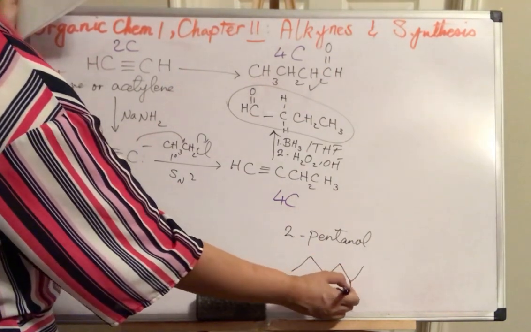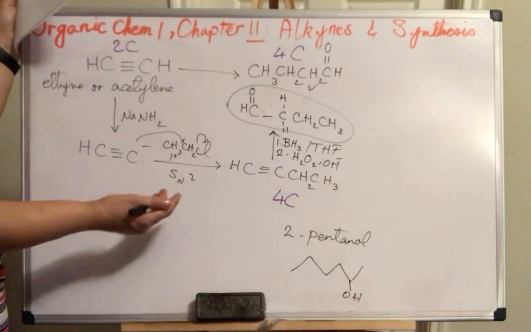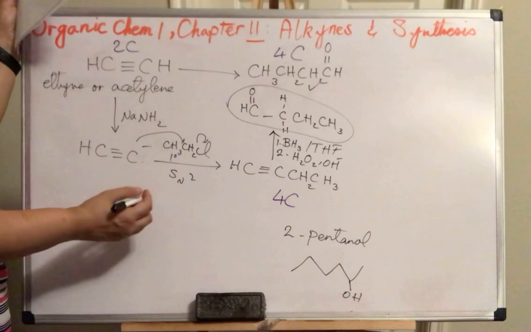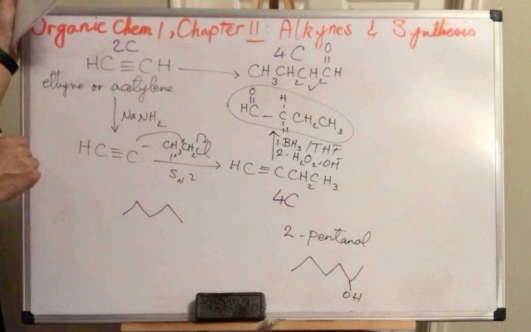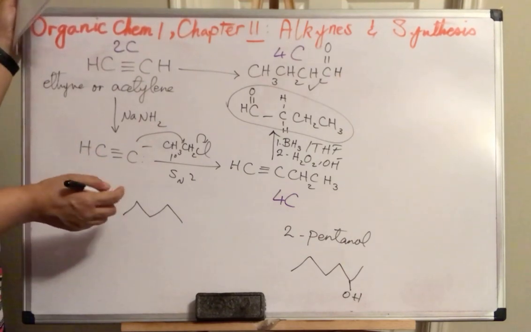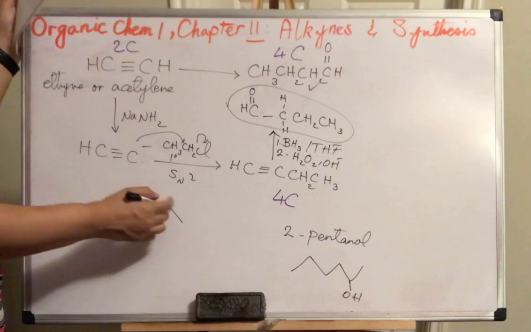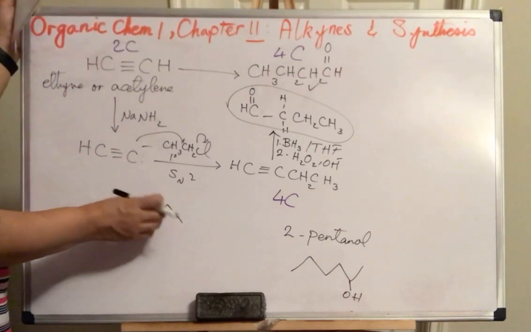This is 2-pentanol. But the easiest is to grab a 5-carbon hydrocarbon, right? 1, 2, 3, 4, 5. So when it says anything, you can use alkene or alkyne. The easiest is to grab an alkene.